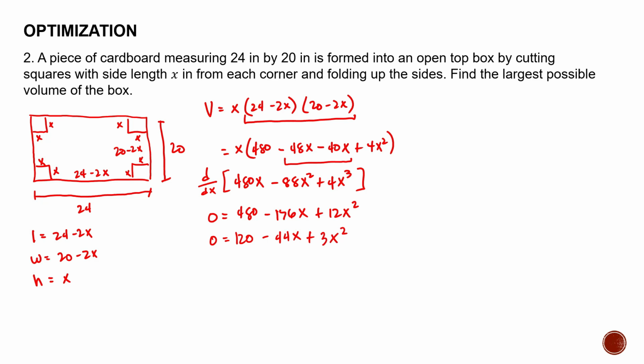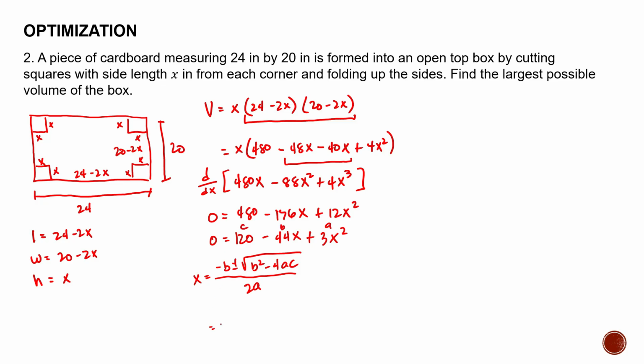Now, the next thing that we will do here is to solve for x, obviously, and that means we need to use the quadratic formula. So x is negative b plus and minus the square root of b squared minus 4ac, all over 2a. Now remember, these are a, these are b, and these are c.